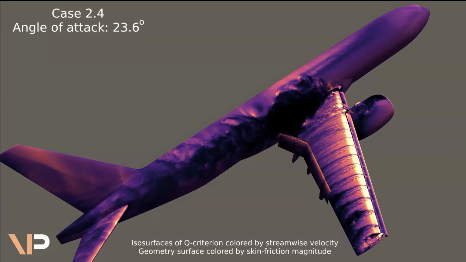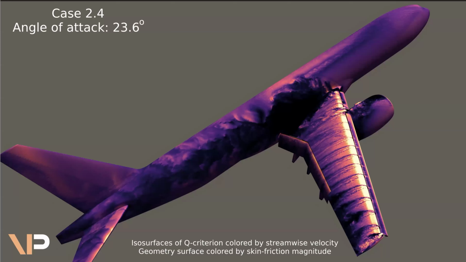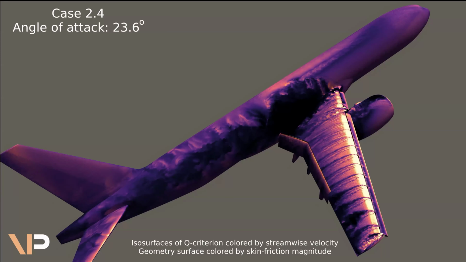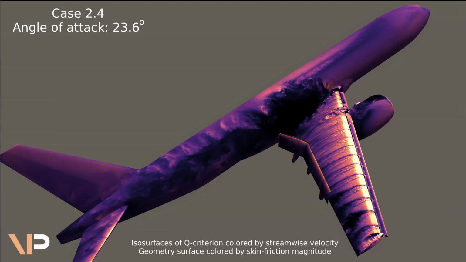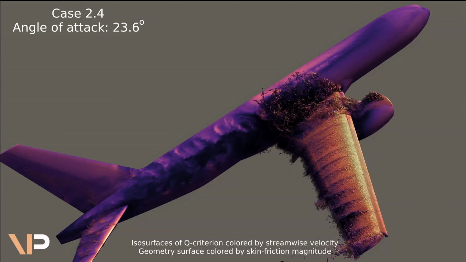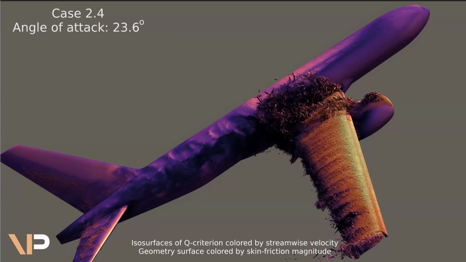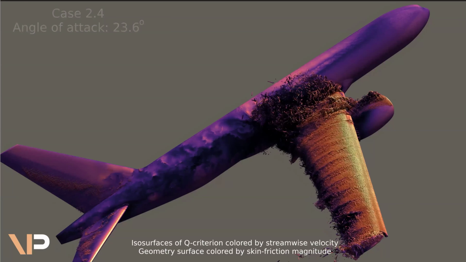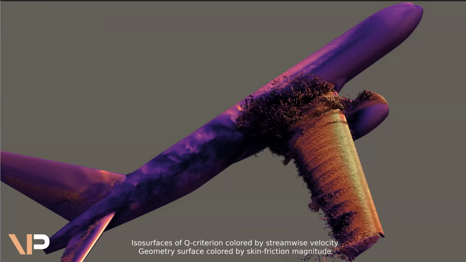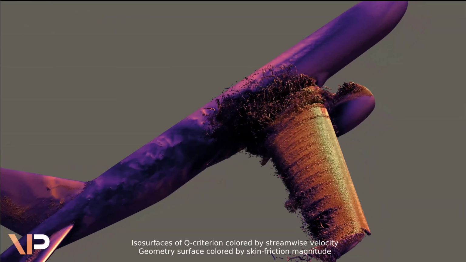And then this, I am pretty sure some of you already saw this, because it's a 1.5 year old video. But it shows a fine grid simulation, angle of attack 23.6. This is case 2.4.